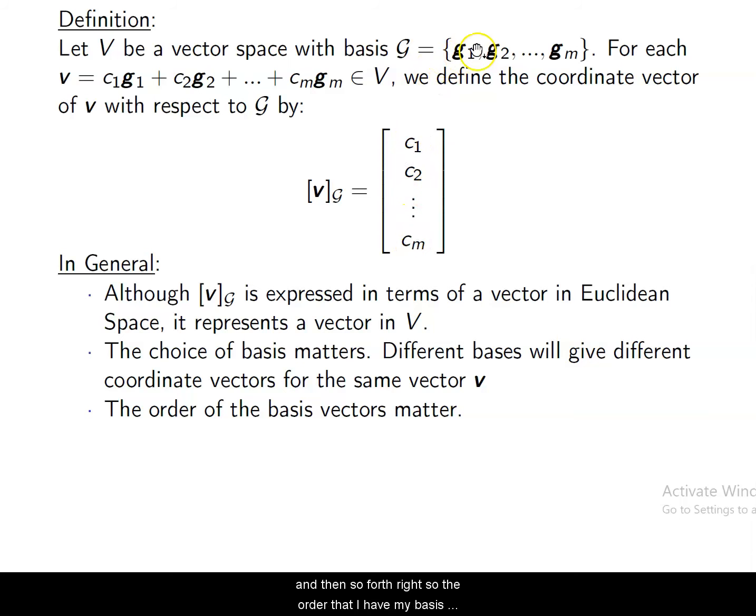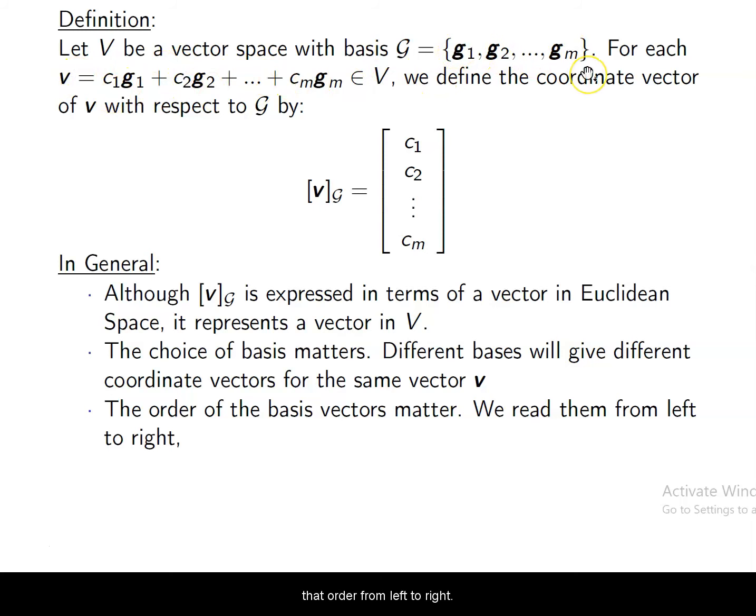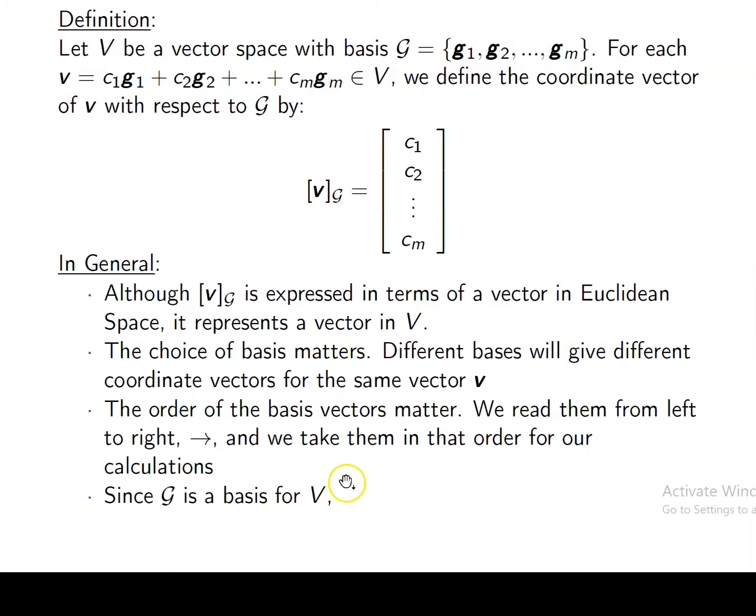So the order that I have my basis vectors in is going to affect the order of my representation under that basis, which is going to affect what my coordinate vector looks like. Just like we've been doing, we read them from left to right, and when we take them for computations, we take them in that order from left to right.